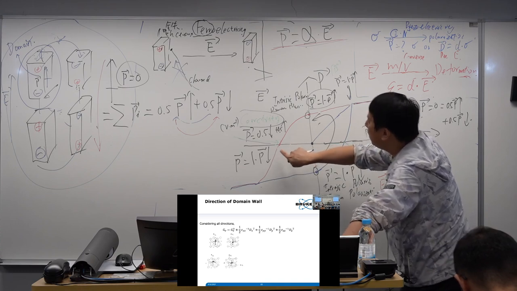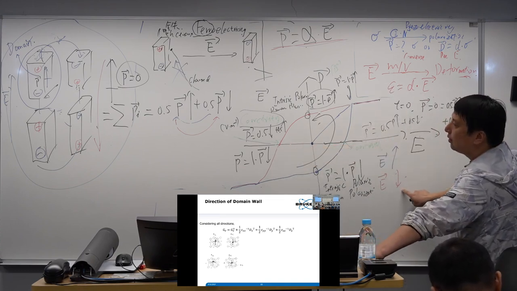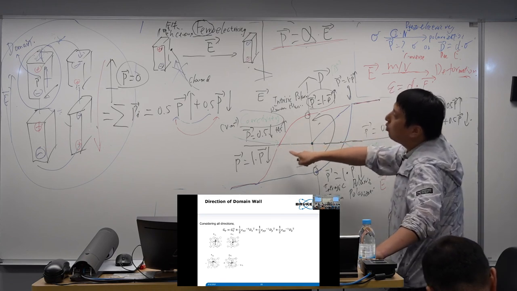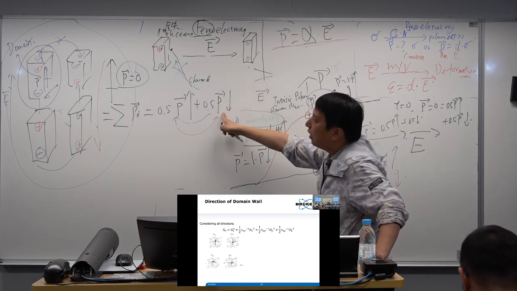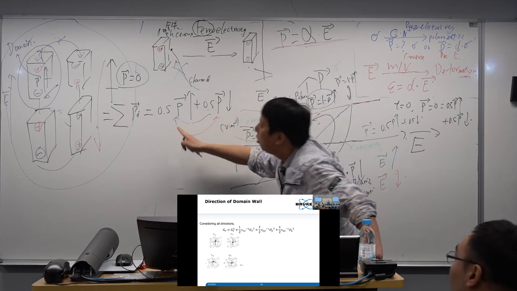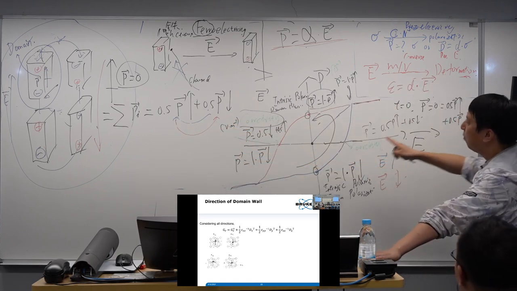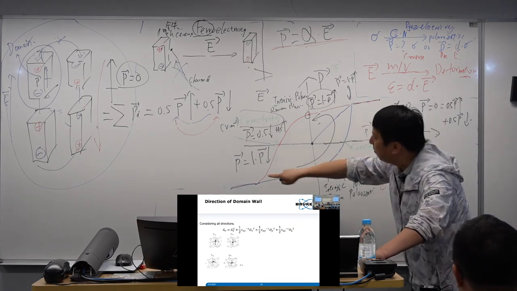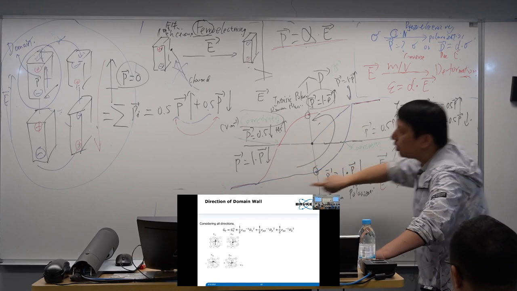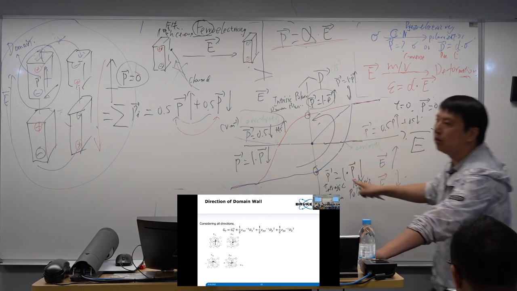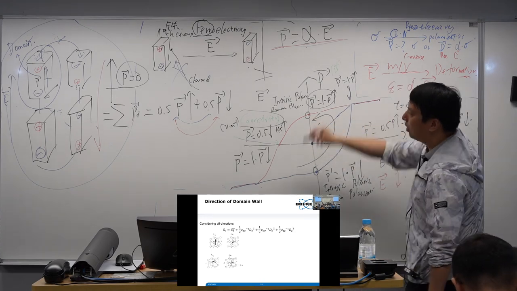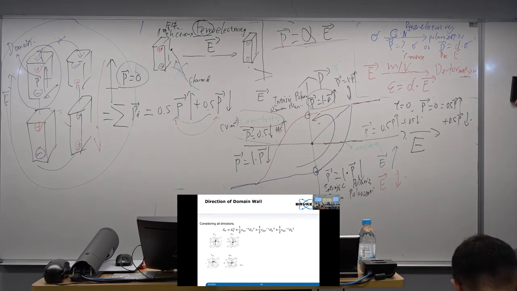So the coercivity on the red lines is negative. If we want to switch from facing down to facing up, we have to apply a positive electric field. So the coercivity on the blue curves is positive. Okay, so this kind of direction is quite important.